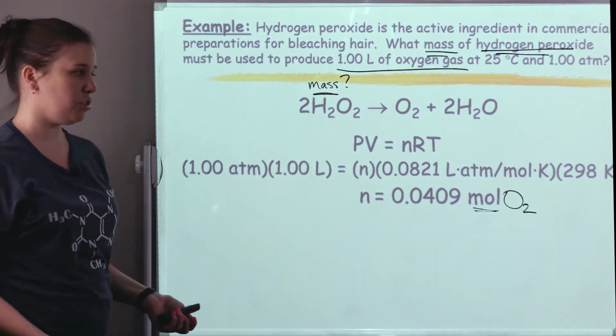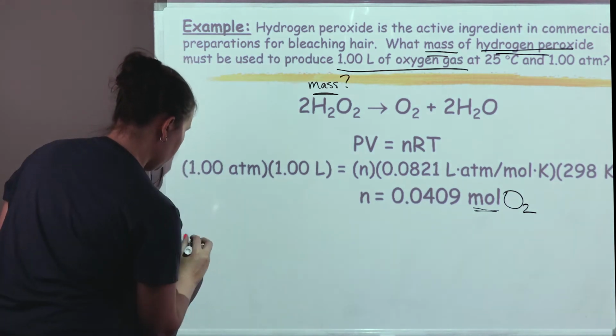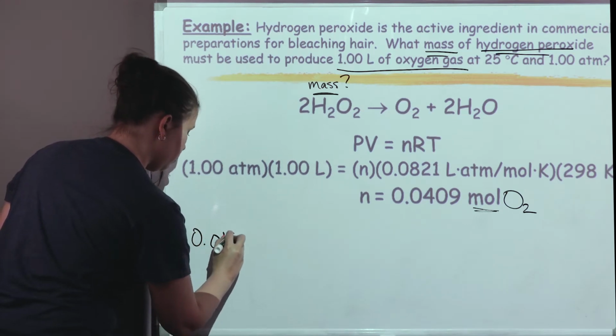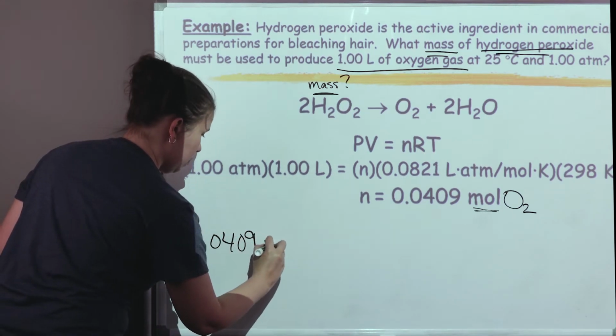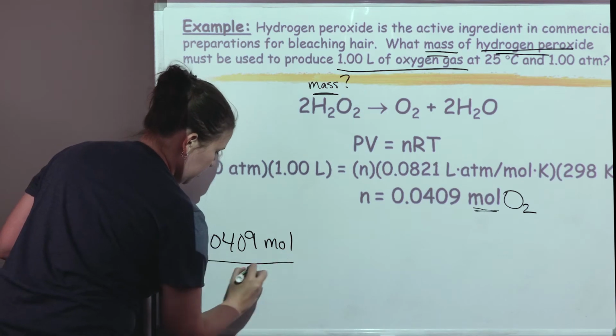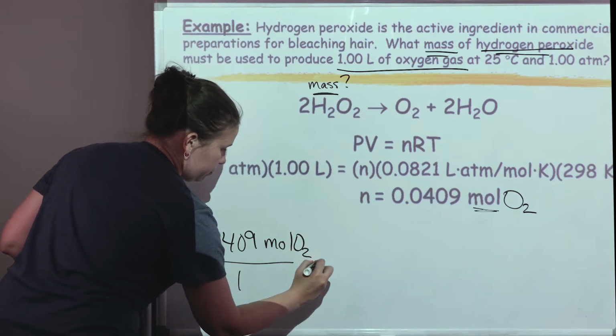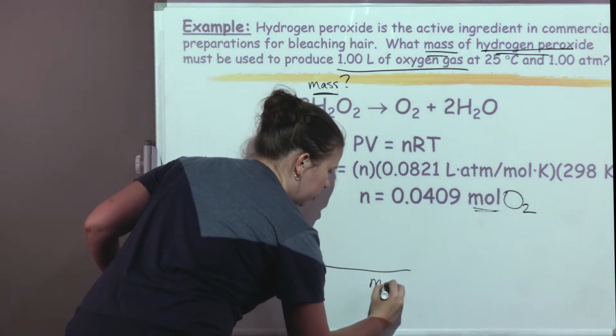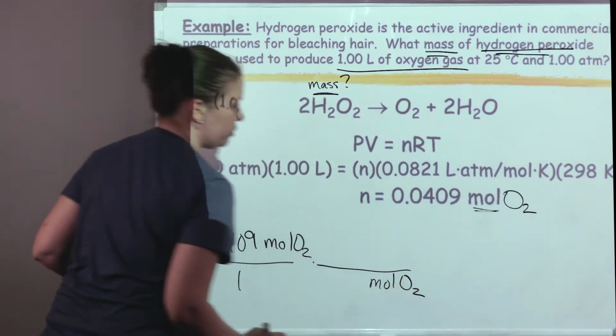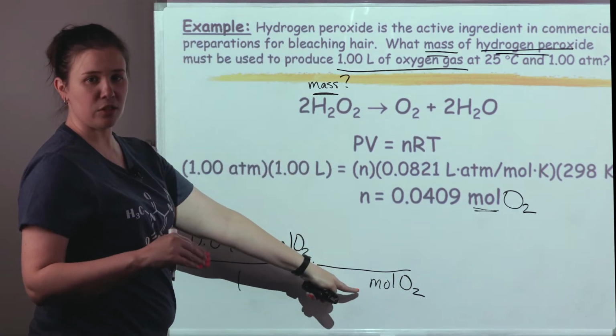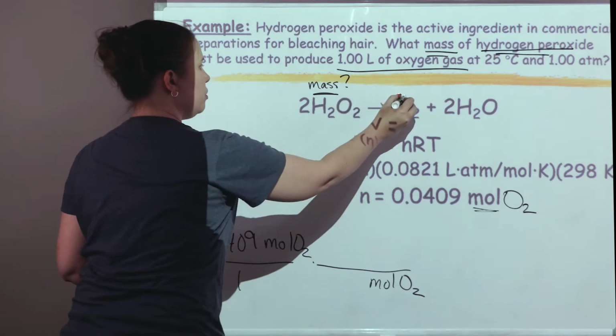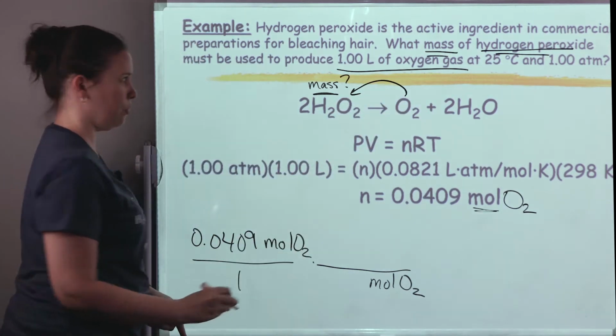You're going to need your mole ratio. So let's start with what we're given. 0.0409. We're given for this step, I should say, what we just found. Moles of O2, which we'll go ahead and put on the denominator of the next conversion factor. Since I'm in moles, now I'm allowed to switch substances. So here's my opportunity to go from oxygen to hydrogen peroxide.